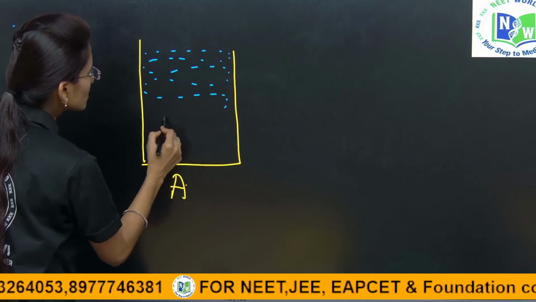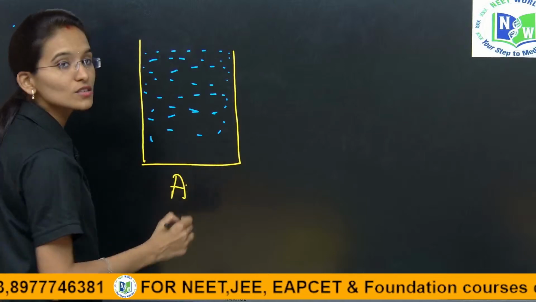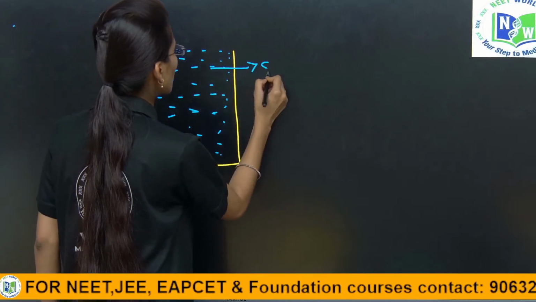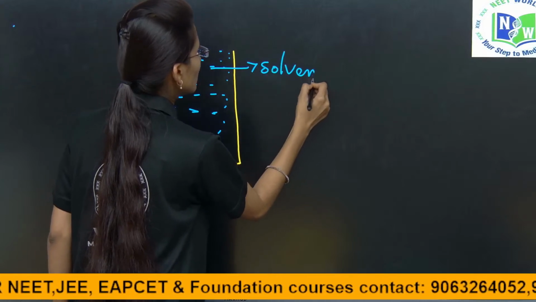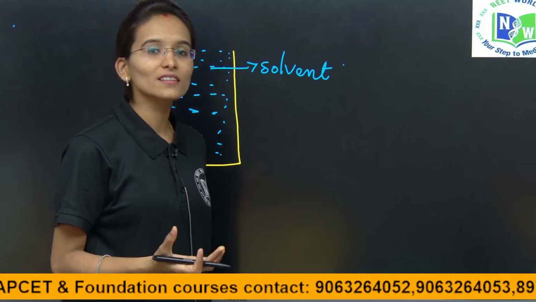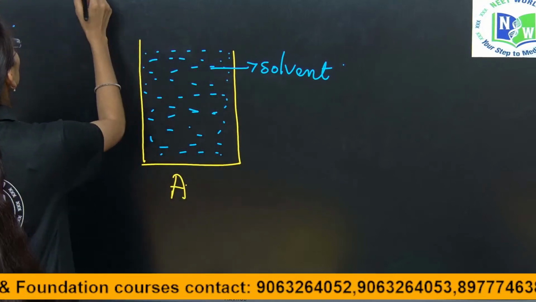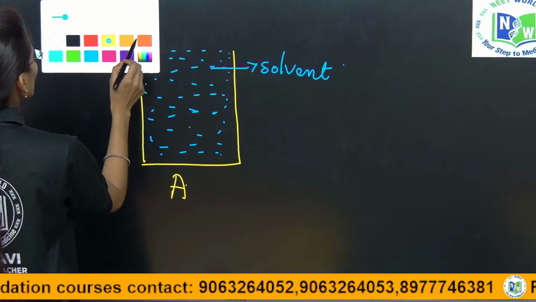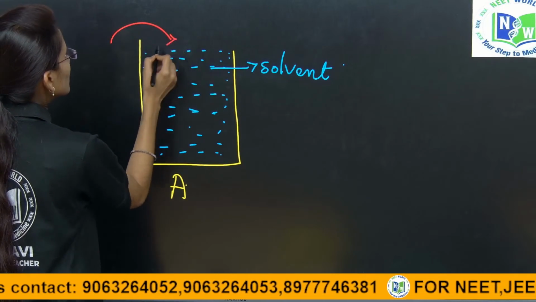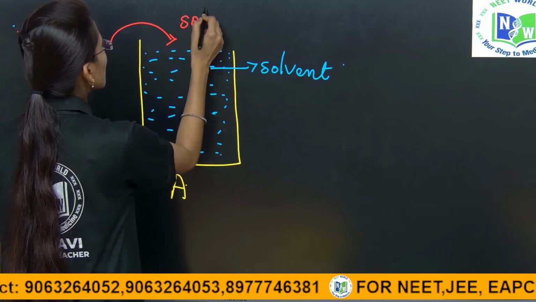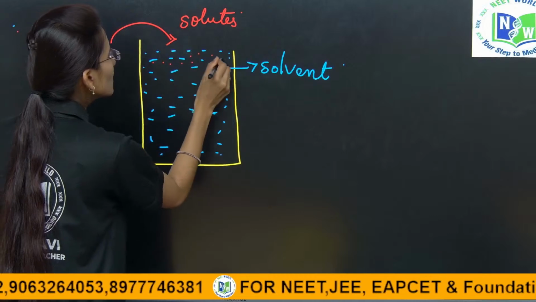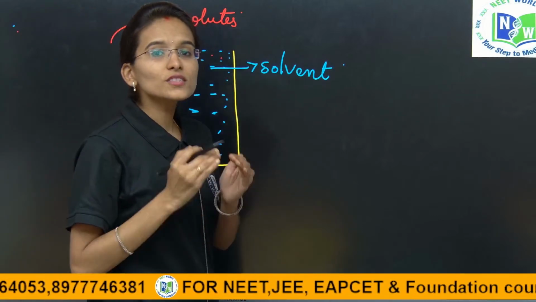This blue structure that I am drawing now represents solvent molecules. Along with the solvent, I am going to add the solutes, that may be either sugar or salt. Now observe clearly, in this beaker the solutes are more.